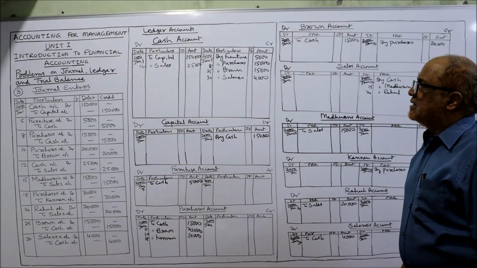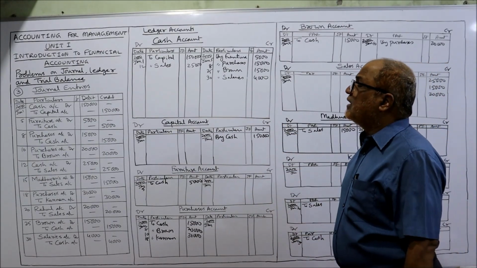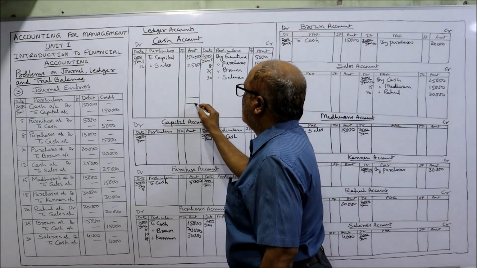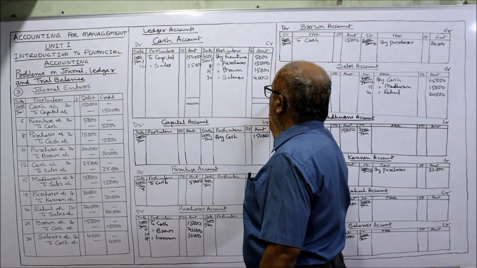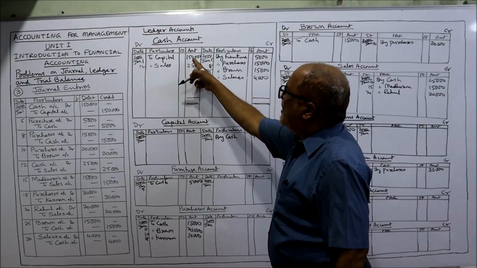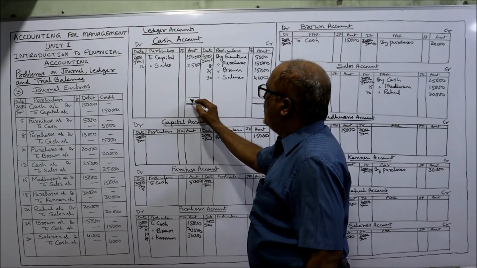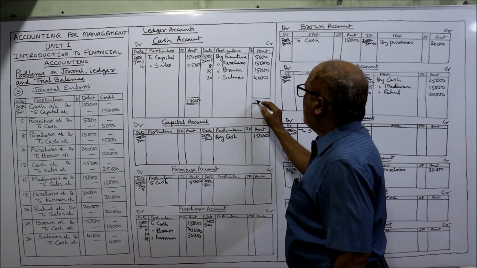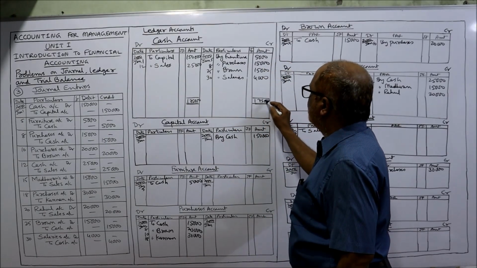Now we have to make the balancing. So how to make the balancing? See carefully. Here debit side, I am taking the total. 1,50,000 plus 25,000, 1,75,000. Here also 1,75,000.